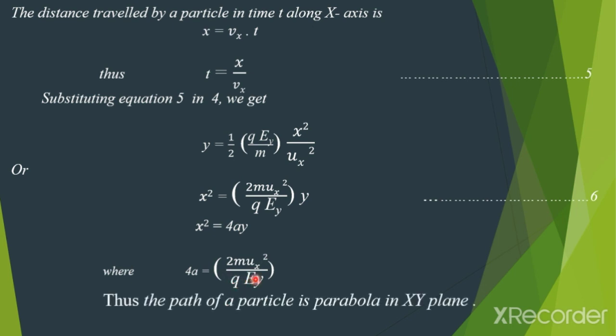Thus, by comparing, this is the equation of a parabola, so the path of the particle is parabolic in the xy plane. From this derivation, we can say that when an electric field perpendicular to the direction of motion is applied, the particle performs a parabolic path.